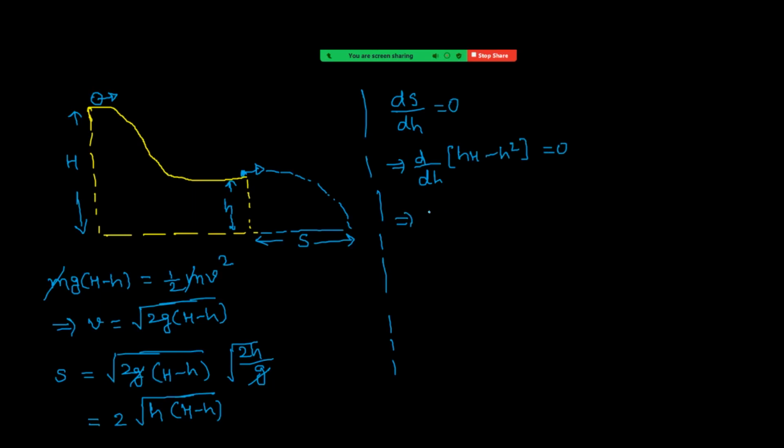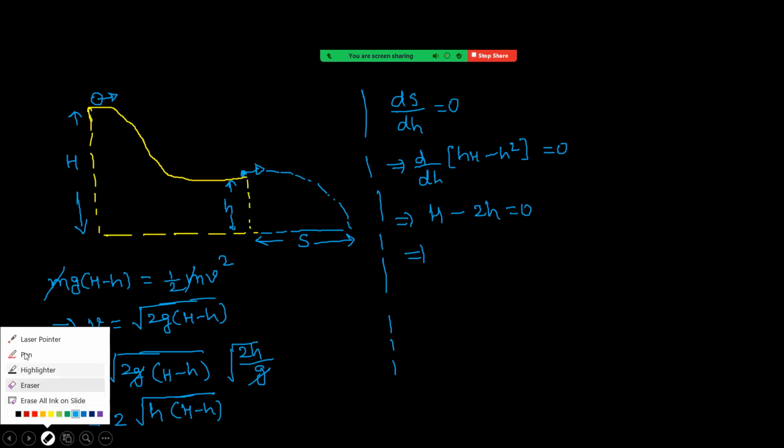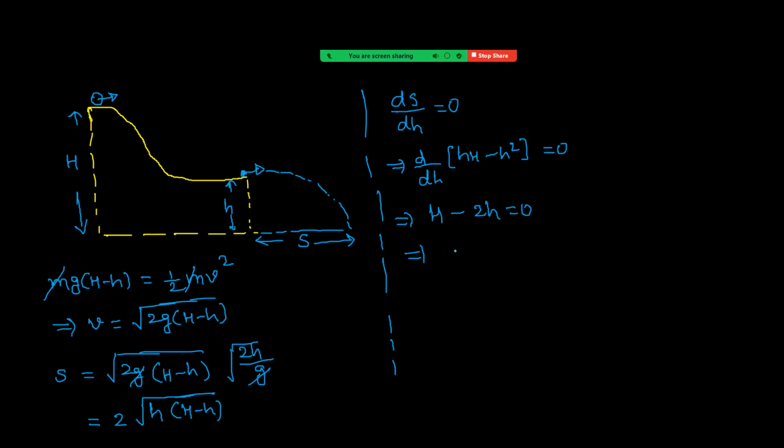Now see what we get. H minus 2h equal to 0. From that, small h equal to H by 2.